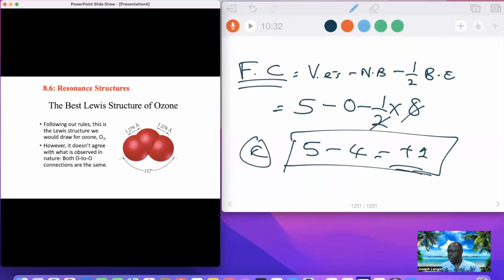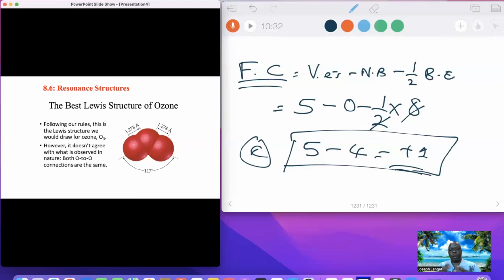Well, I just explained the formal charge. Why do we need to determine the formal charge? It is used to determine which structure, among the possible structures for a molecule, is the most plausible, most acceptable.